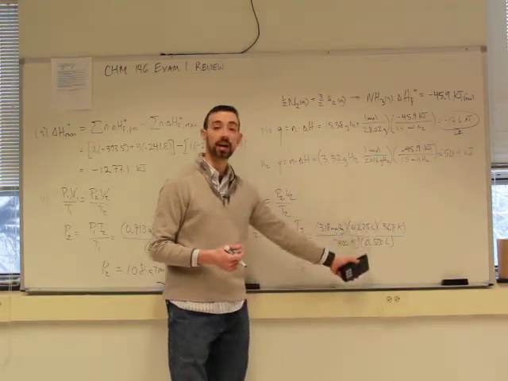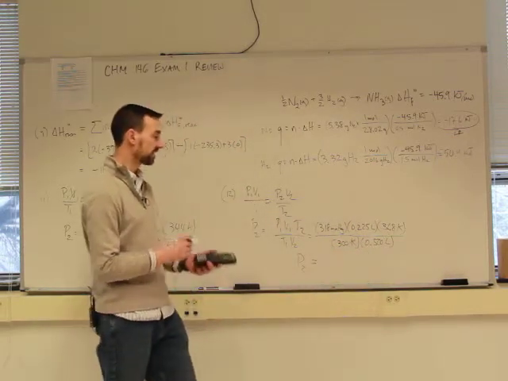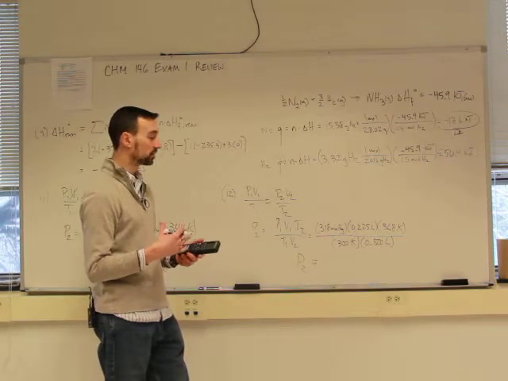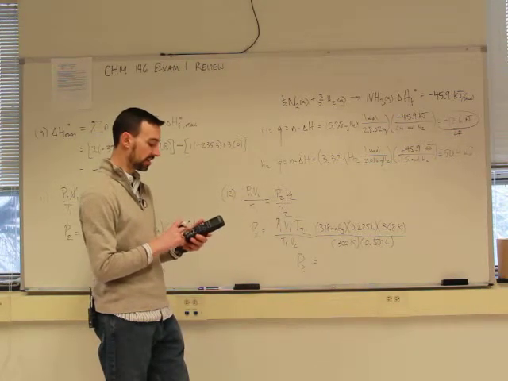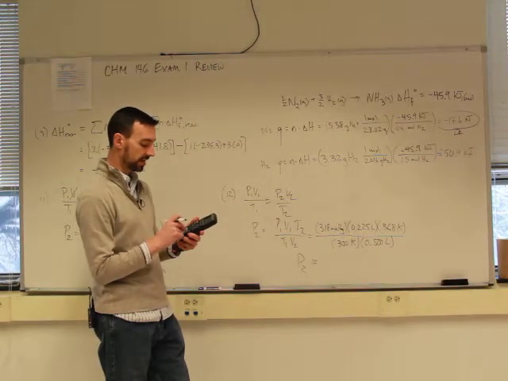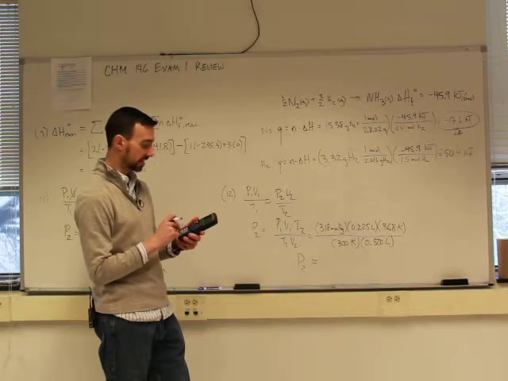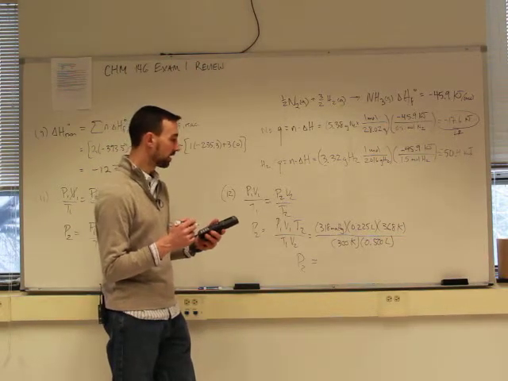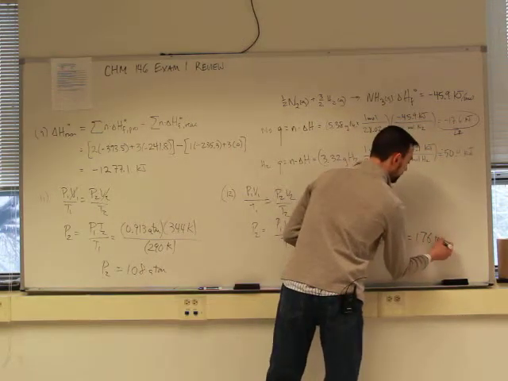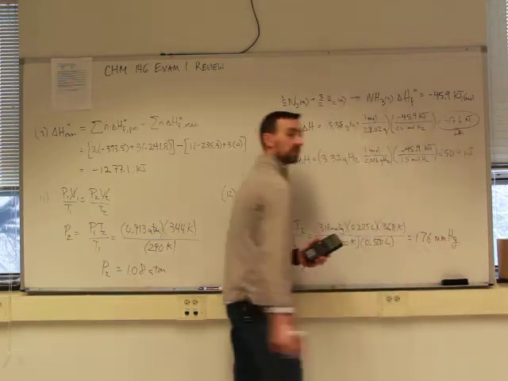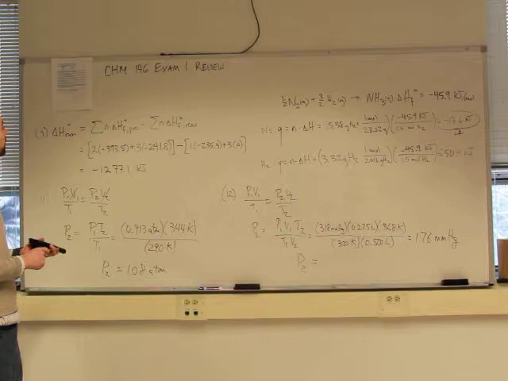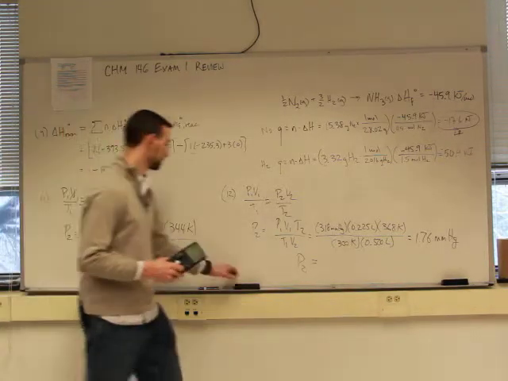So the volume is the dominant change in this context, and so I would predict a pressure decrease due to that volume increase. But let's find out. 318 times 0.225 times 368 divided by 300 and divided by 0.5, we get 176 millimeters of mercury. So our pressure decreased, again, largely driven by that volume increase that we see.